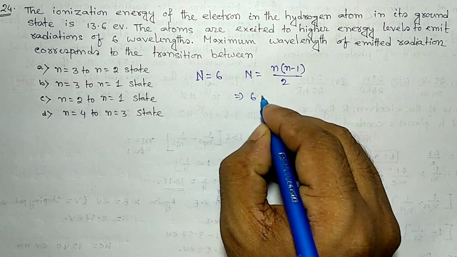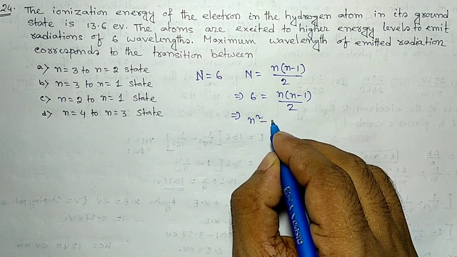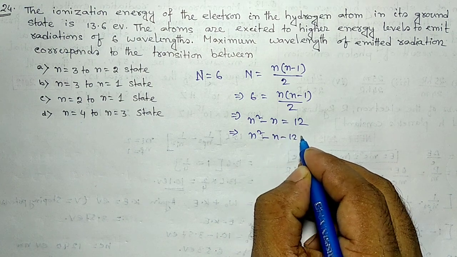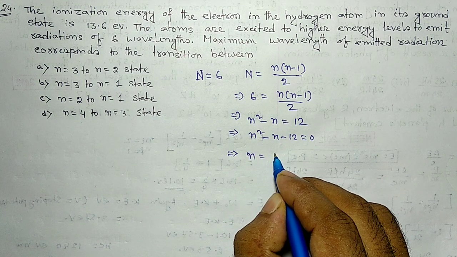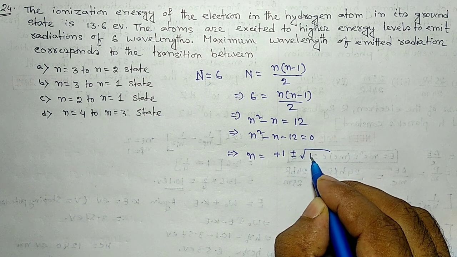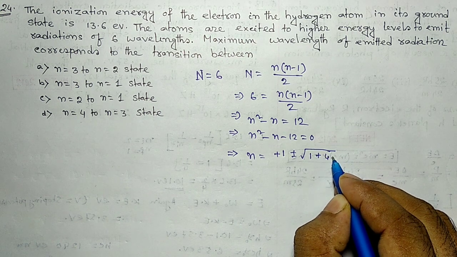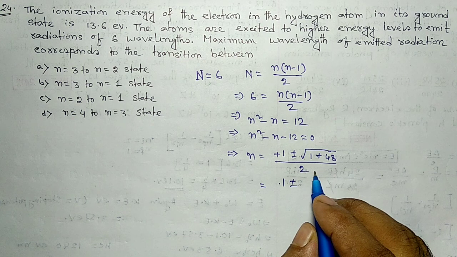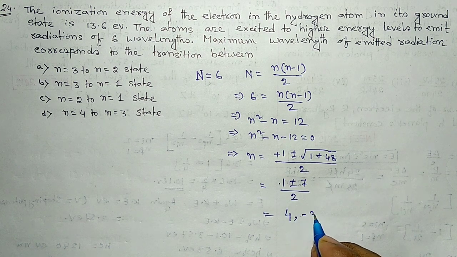Now 6 is equal to n into n minus 1 by 2, or n square minus n is equal to 12, or n square minus n minus 12 is equal to 0, or n is equal to minus b, that means plus 1, plus minus root over b square minus 4ac, that means plus 48, divided by 2, it is equal to 1 plus minus 7 by 2, it is equal to 4 or minus 3.